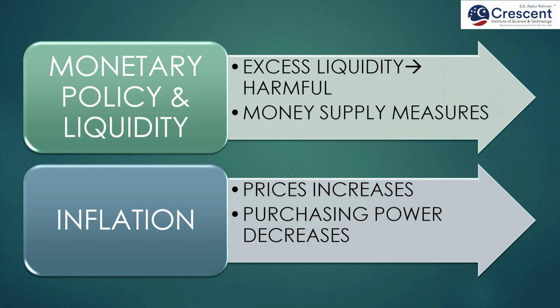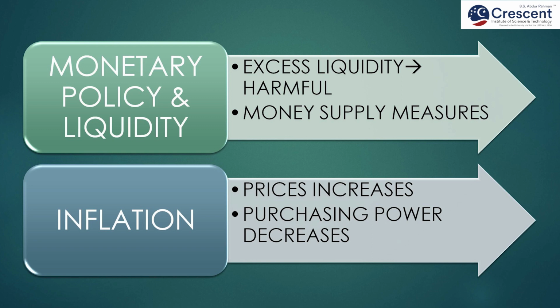Monetary policy and liquidity. A good monetary policy and liquidity is essential for the economy, since excess liquidity can be harmful. Excess liquidity leads to inflation, higher interest rate and costly sources of capital, and it ultimately slows down the growth. Money supply can be measured through M1, M2 and M3. M1 is the amount of money in circulation, demand deposits and traveler's checks.